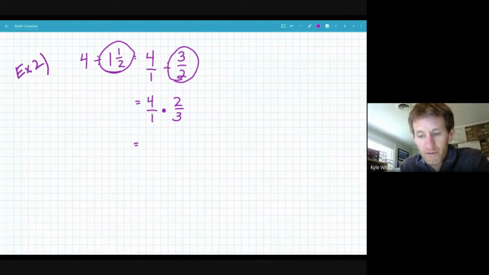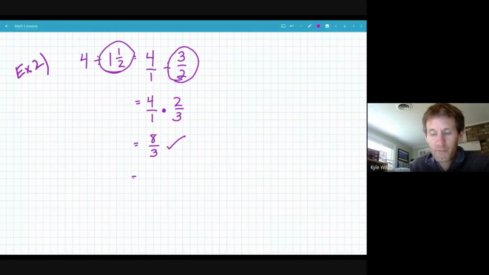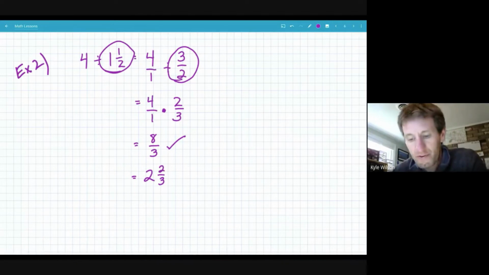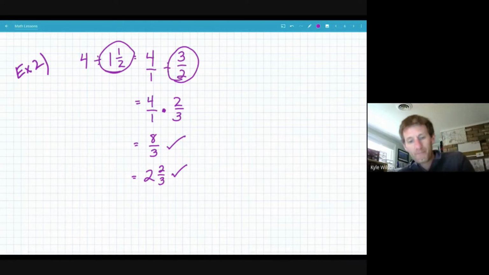And then I'll multiply. 4 times 2 is 8, and 1 times 3 is 3. So one answer is 8/3. Another answer would be a mixed number. 3 goes into 8 2 times, my denominator stays the same, and I have 2 2/3. It's also a correct answer.